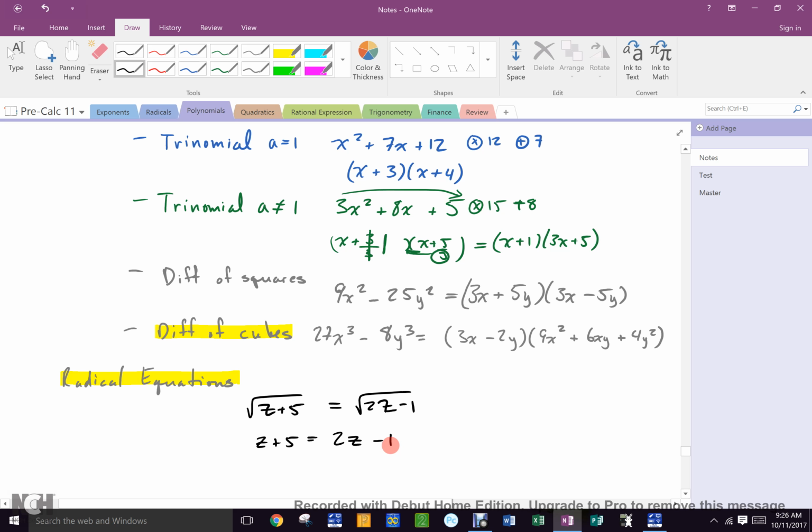Now what? Algebra. z equals 6. Check it. What is 6 plus 5? 11. Square root of 11. Can't do that in my head, so what's 2 times 6? What's 12 minus 1? 11. Does the square root of 11 equal the square root of 11? Done.